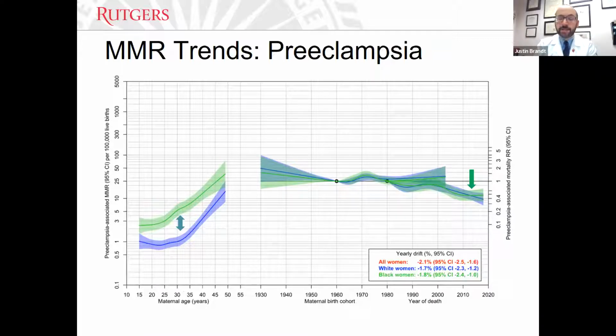Looking on the right at the period effects, we see that the preeclampsia-associated mortality rate ratio decreased for Black and white women during this 40-year study period, although the reduction was not quite as great for Black women. But we did see an annual decline of 1.7% for white women and 1.8% for Black women in the preeclampsia-associated mortality rate ratio during the study period.